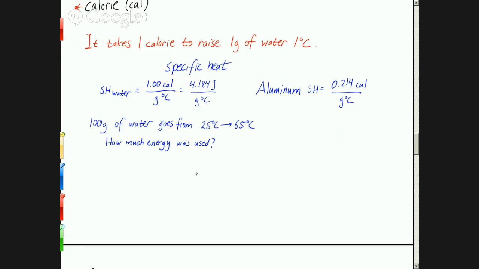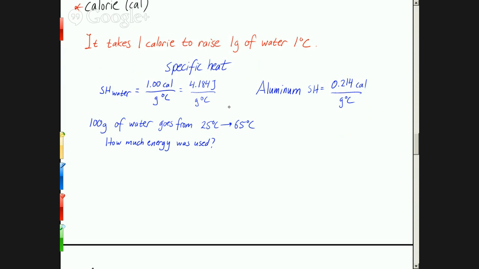How much energy was used to heat that 100 grams of water from 25 degrees to 65 degrees? Any idea how you might figure this out? First, you find the difference of 65 and 25.